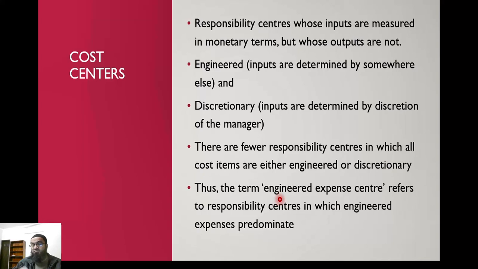Variable means variable with respect to the output. So in a department where more of the expenses are variable with respect to the output required by the sales department, that's an engineered cost center.